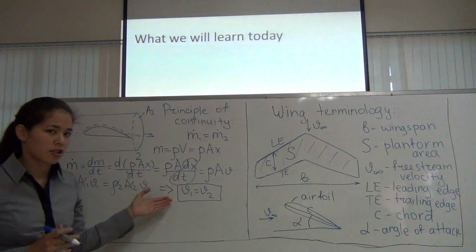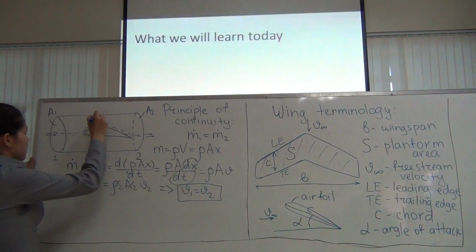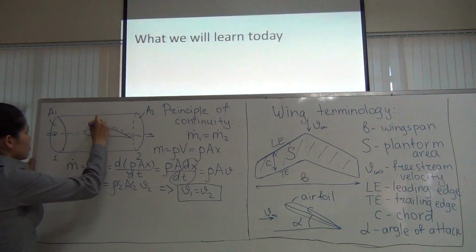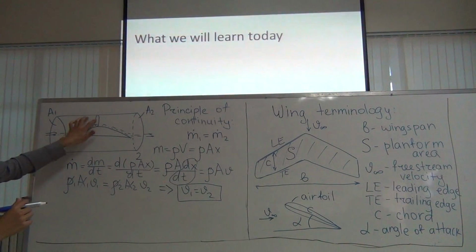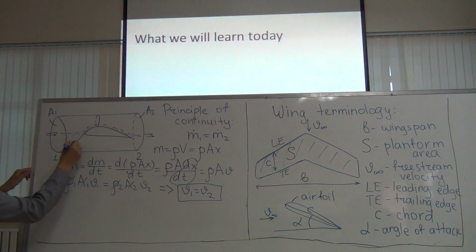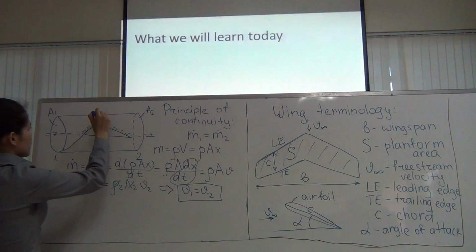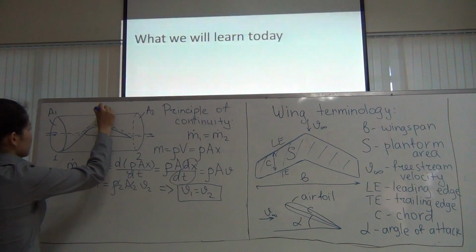So it's pretty logical. But now let's see what happens if we change our wind tunnel a little bit and put the exit right here above the airflow. And we'll make our wind tunnel like this. Let's call this area A3.